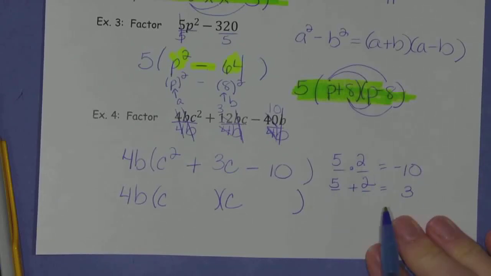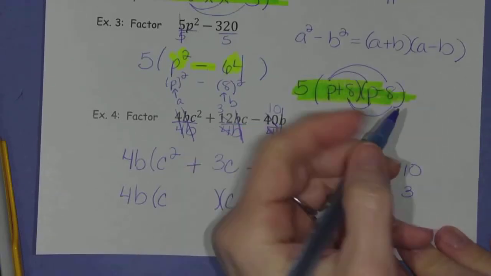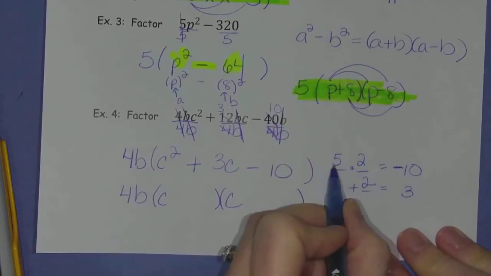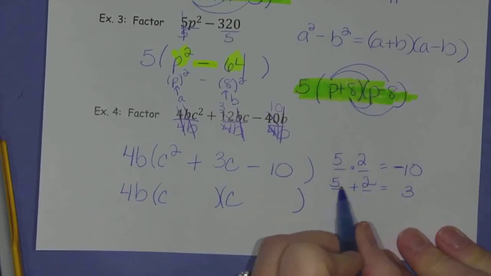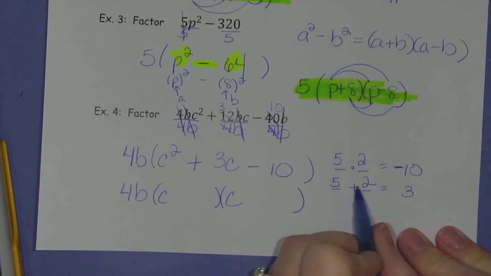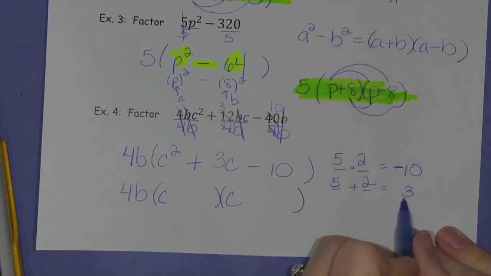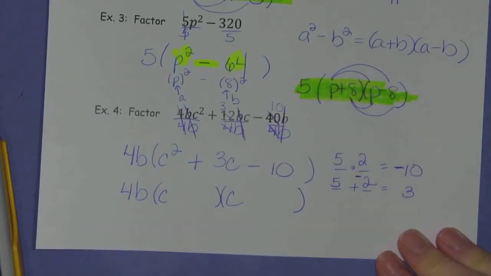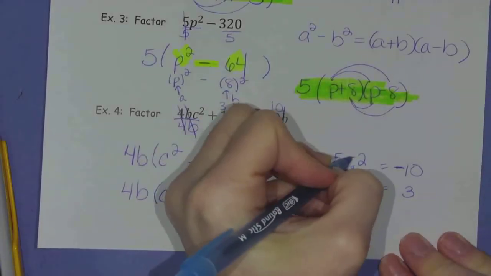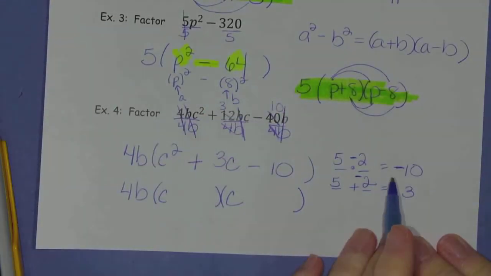Now, I got to do some sign tweaking here. In order to get a product that's negative, only one of these may be negative. So which one does it have to be to add them to a positive 3? Well, the 2 would have to be negative, because 5 plus negative 2 is positive 3, and 5 times negative 2 is negative 10.